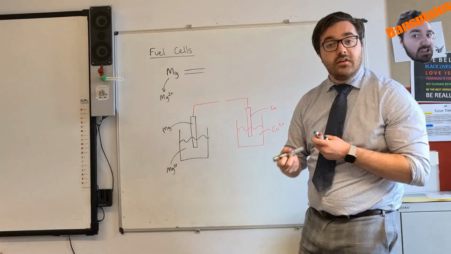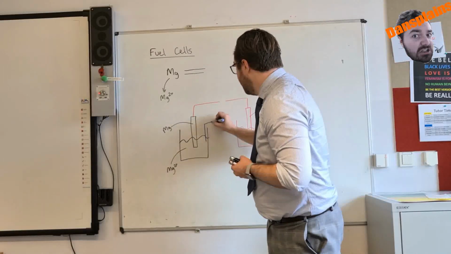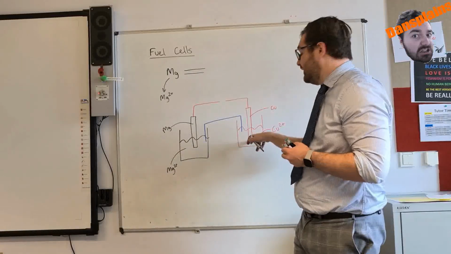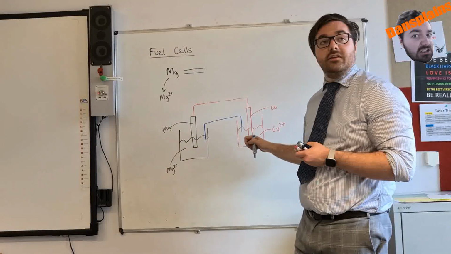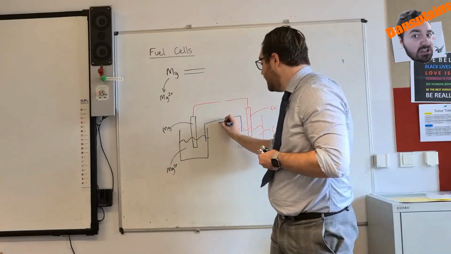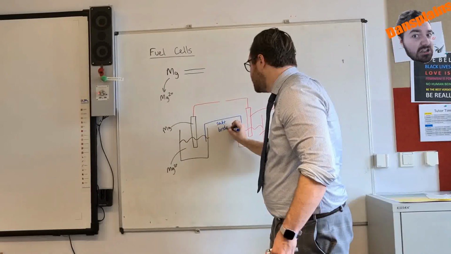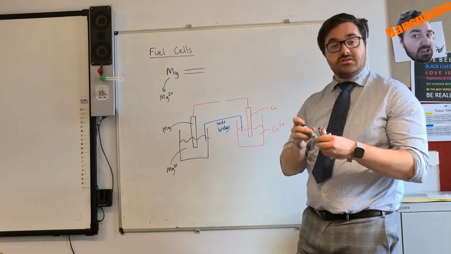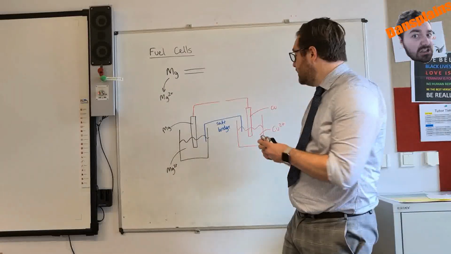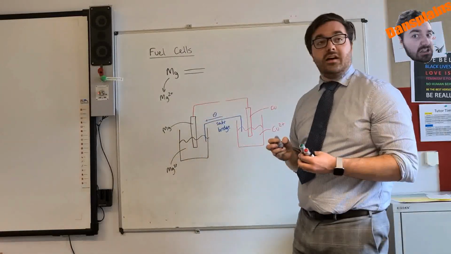But there are certain things that we have to put in place. First up, if I was to leave this, there would suddenly be a big build-up of negative charge as all of the electrons move down this side, and there'll be a big build-up of positive charge. So I have to put in a salt bridge. Now this salt bridge means that when the positive charge starts appearing on this side, negative charge in my salt will move to balance it out.